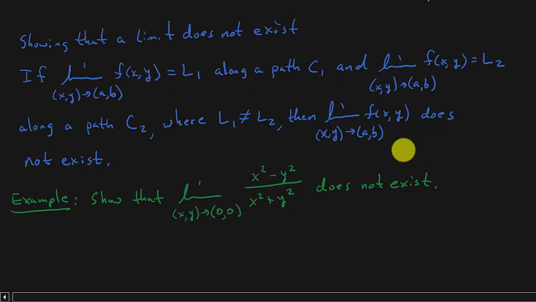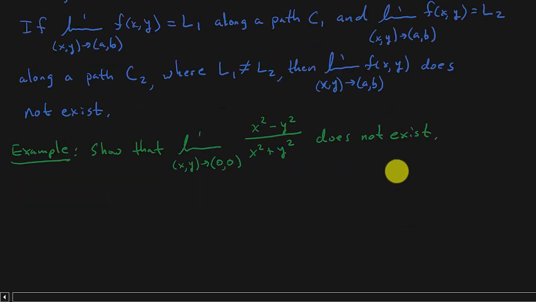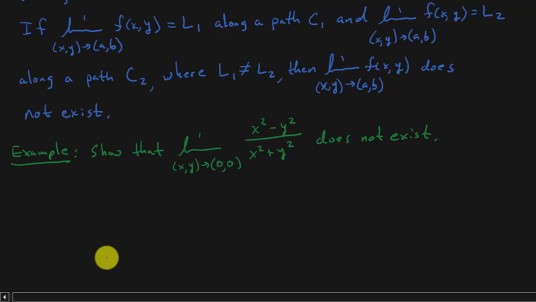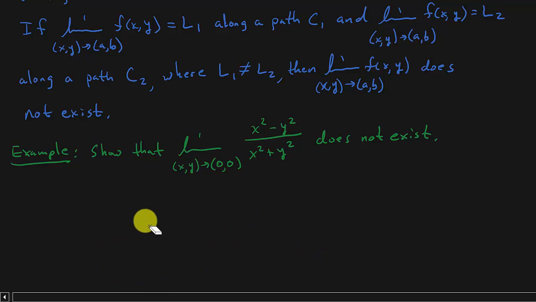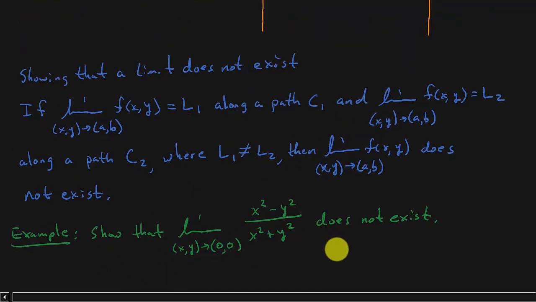So what can we do to show that a limit does not exist? Remember in single variable calculus, if we could show that the limit as x approaches some number a from the right does not equal the limit as x approaches a from the left, then the limit does not exist. So here is how we show that a limit does not exist.